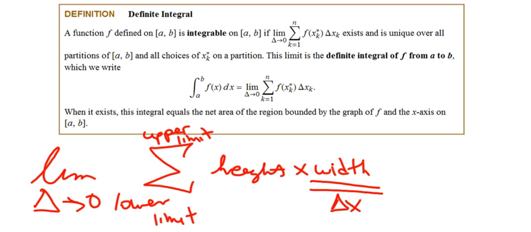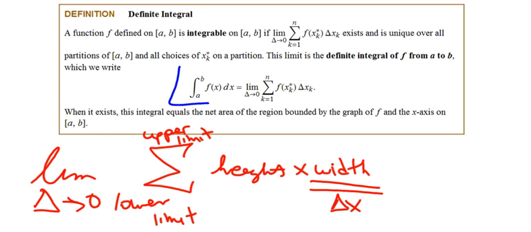So this is where we're saying the limit as delta x approaches 0, as our widths get as small as possible.